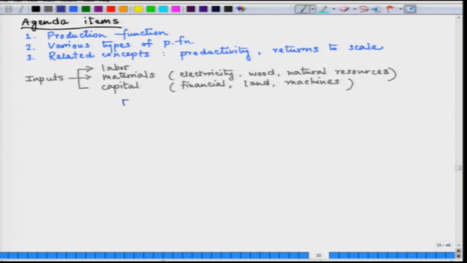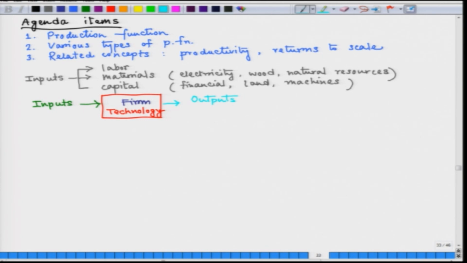Now what happens is the following. So we start our story from firm. So firm is a production unit, and firm has something known as technology, and there is flow of these inputs into the firm or production unit, and as a result we see some outflow of goods and services which are known as outputs.